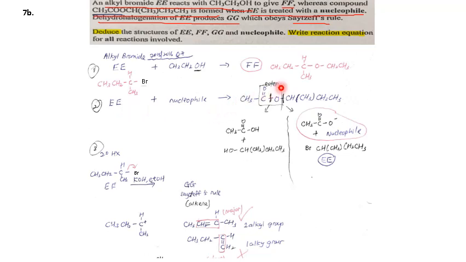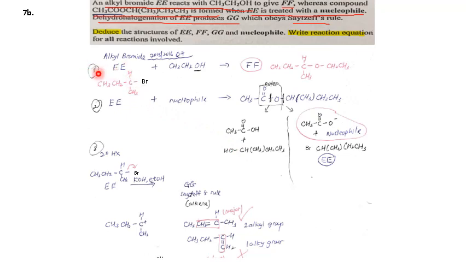So we have to try over here. If we break over here, then this is butane, and we can add Br to form an alkyl bromide. Sorry, it's Br, not Cl. And here is the alkoxide part. So this is ethanoate, a nucleophile. So based on this ester compound, we can deduce EE and the nucleophile.